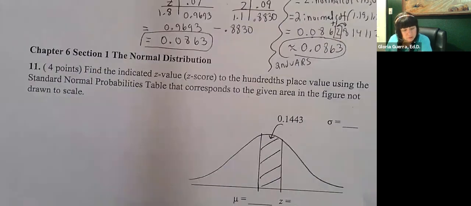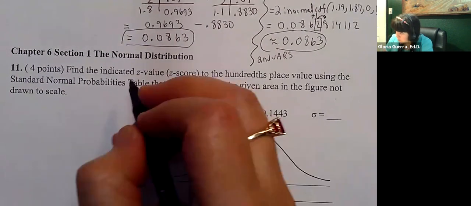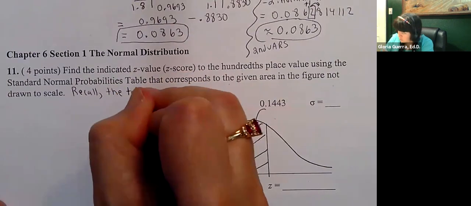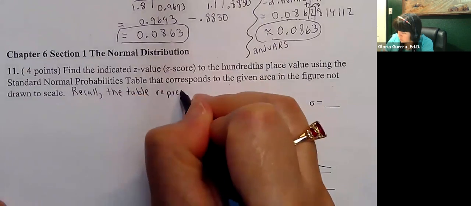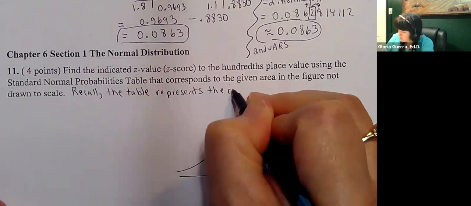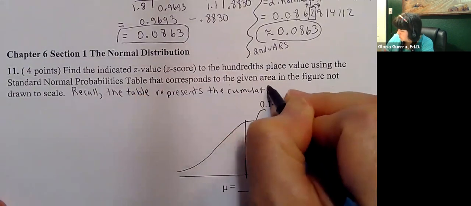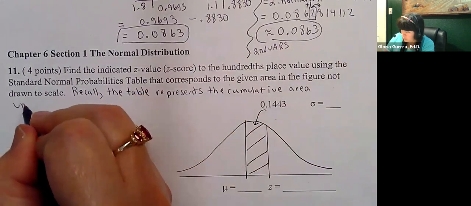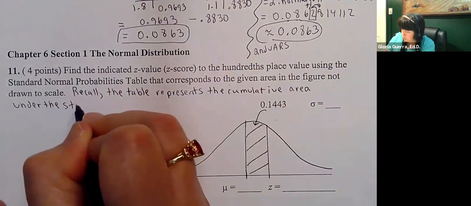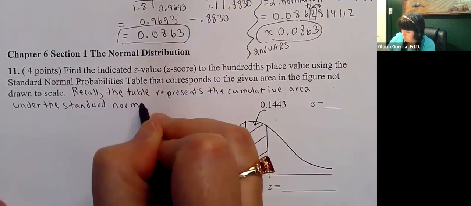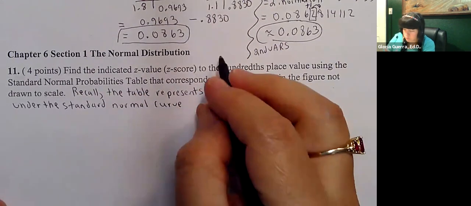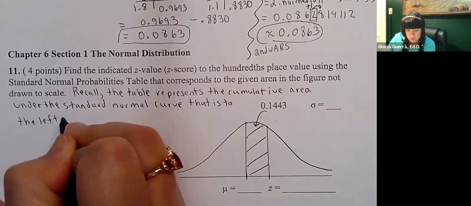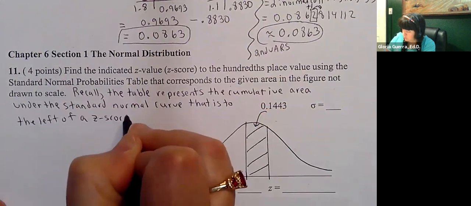I have a little note here: recall the table represents the cumulative area under the standard normal curve, that is, to the left of a z-score.